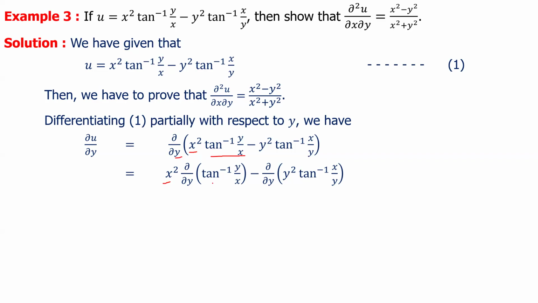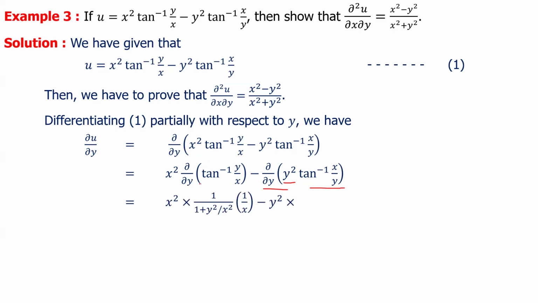Then the partial derivative of tan inverse of y by x with respect to y. And in the second part, the partial derivative of y square into tan inverse of x by y, where we have to use the product rule.